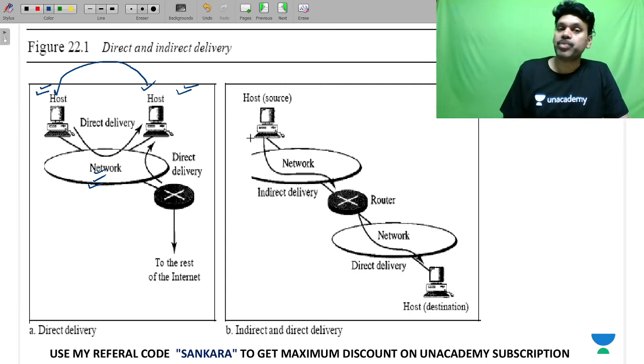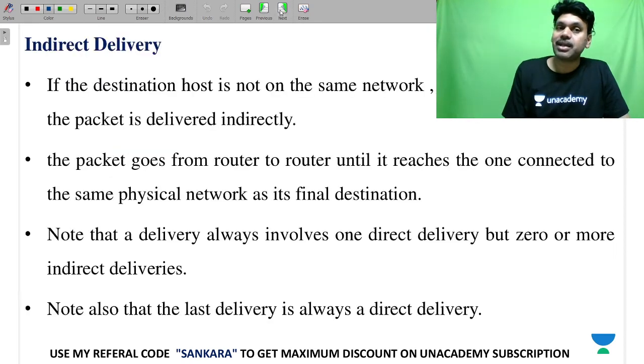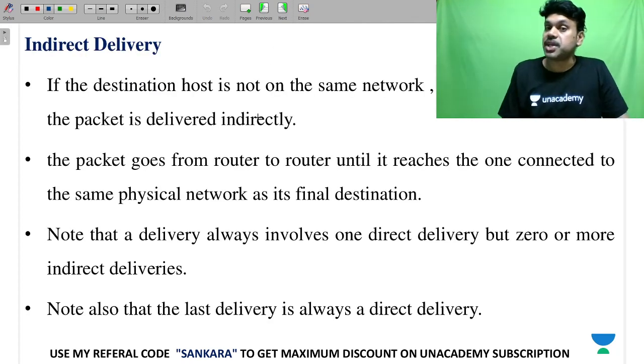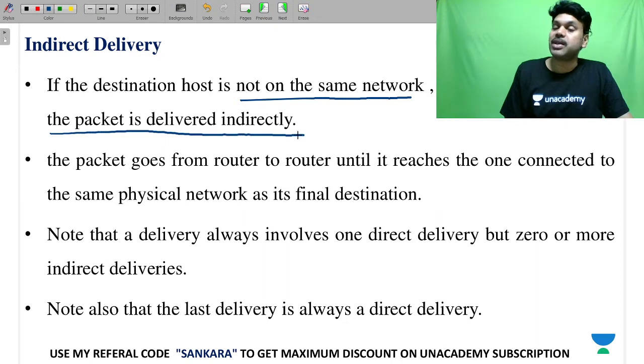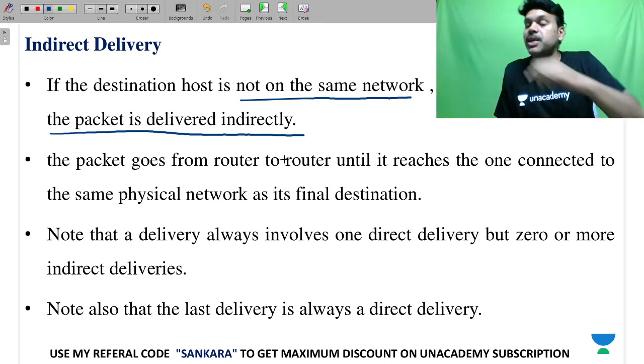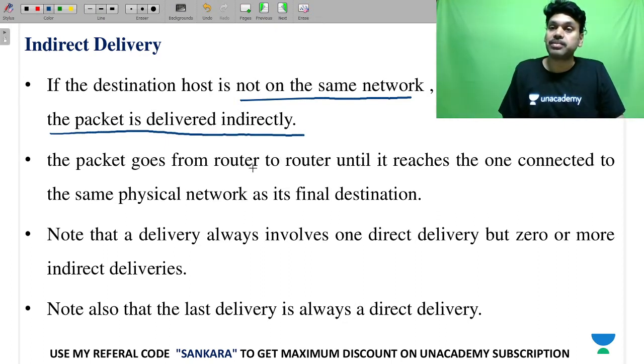Okay. And what is indirect delivery? Let us see indirect delivery. If the destination host is in some other network, not in the same network, then the packet is not delivered directly because it is not available immediately in my next network.